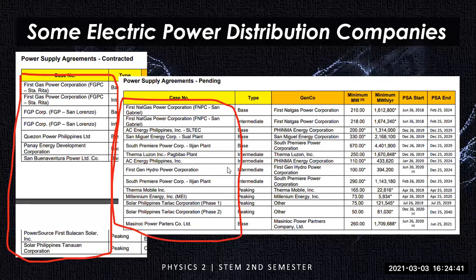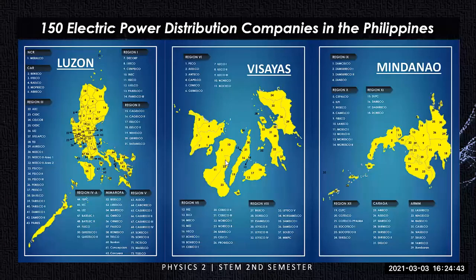So let's proceed. So there are about 150 electric power distribution companies in the Philippines. So it differs from Luzon. We have Mindanao. In Luzon, we have 73, and the majority of it comes from Region 3. We have the Visayas part.